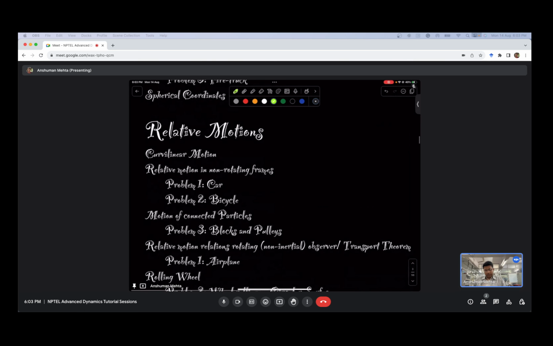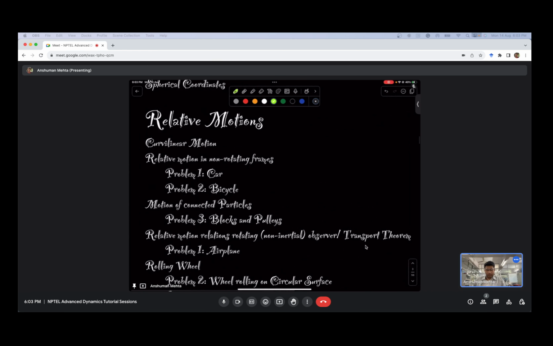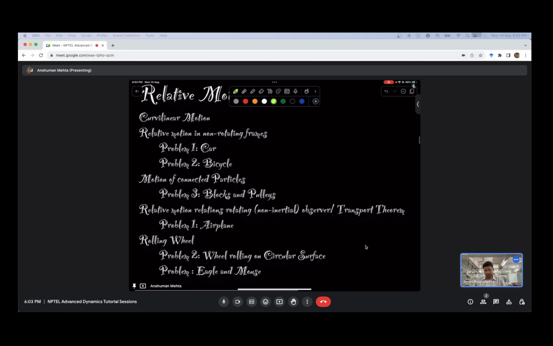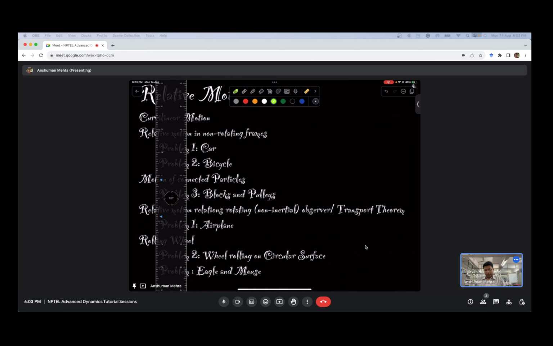In relative motion we saw how curvilinear motions work. We also saw relative motion in non-rotating frames and the relation between the rotating, non-inertial frame and the inertial frame, which is also called the transport theorem. We saw some examples related to car, bridge, bicycle.